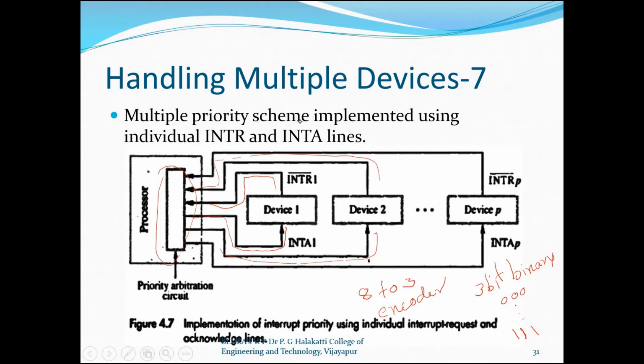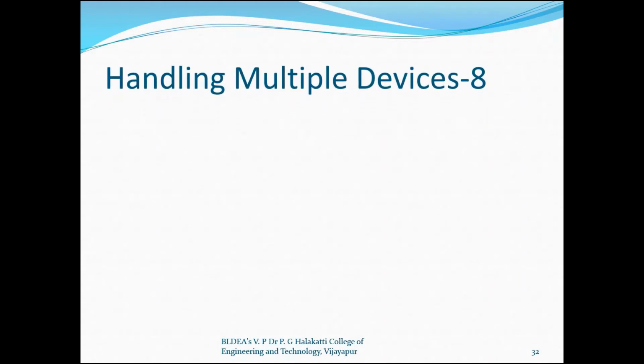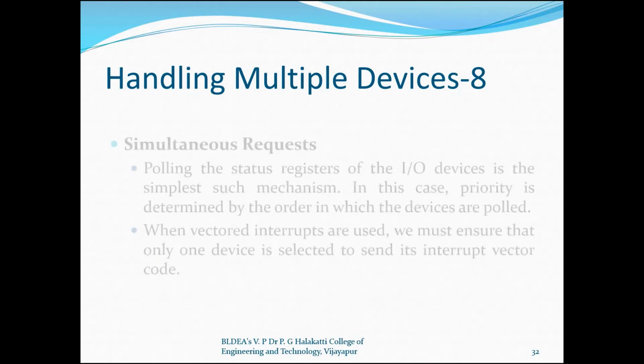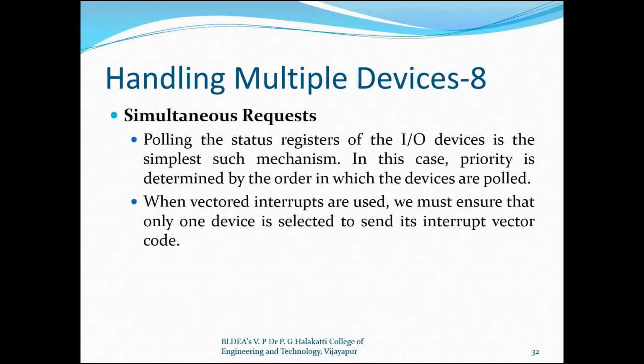Now we will see one more example wherein multiple requests are received over a single interrupt request line at the same time. Polling the status register of the input output devices is the simplest way to handle such requests.